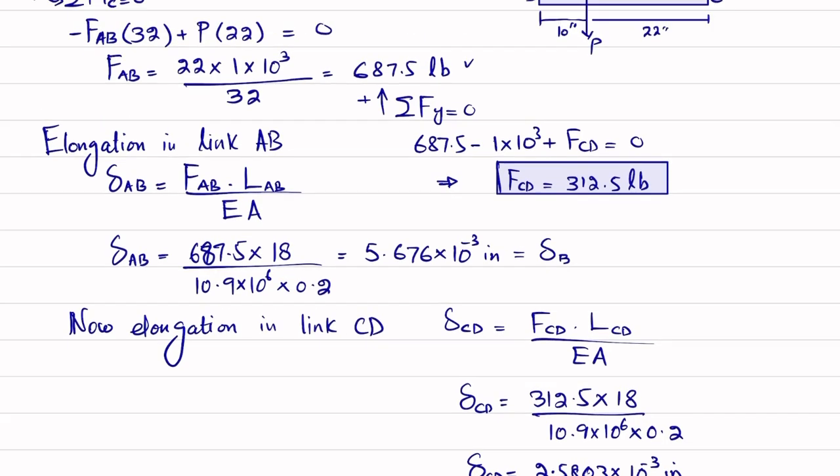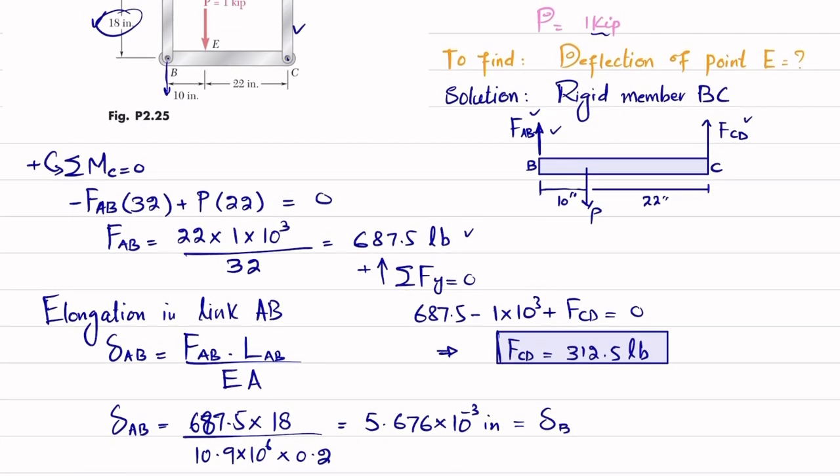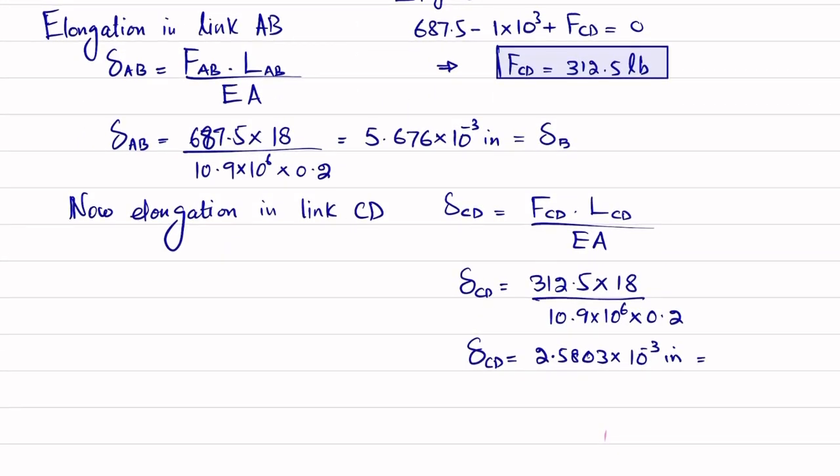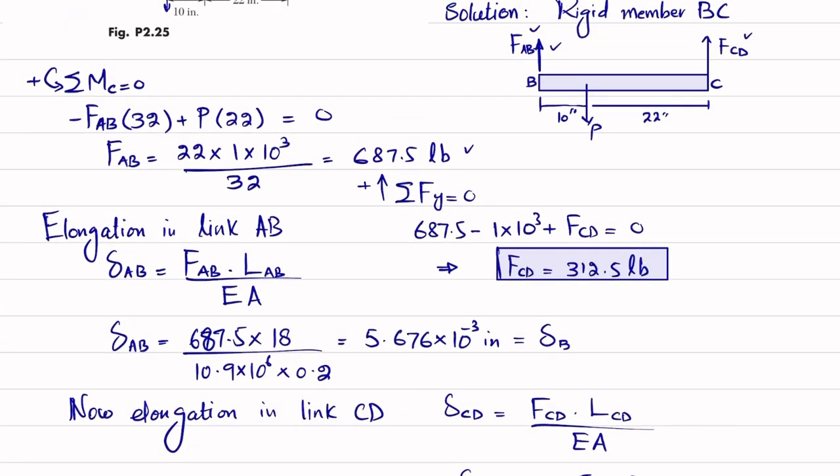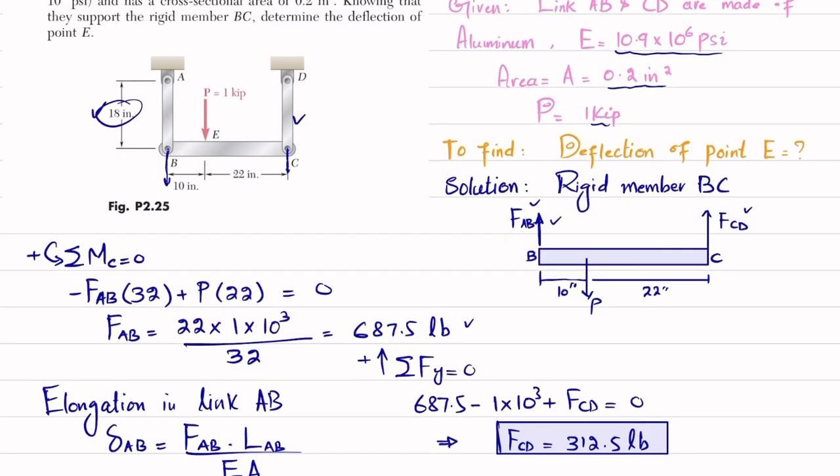Since this is point C, the C will also move down. So I will call it del C. Now you can see that this point B will move how much?